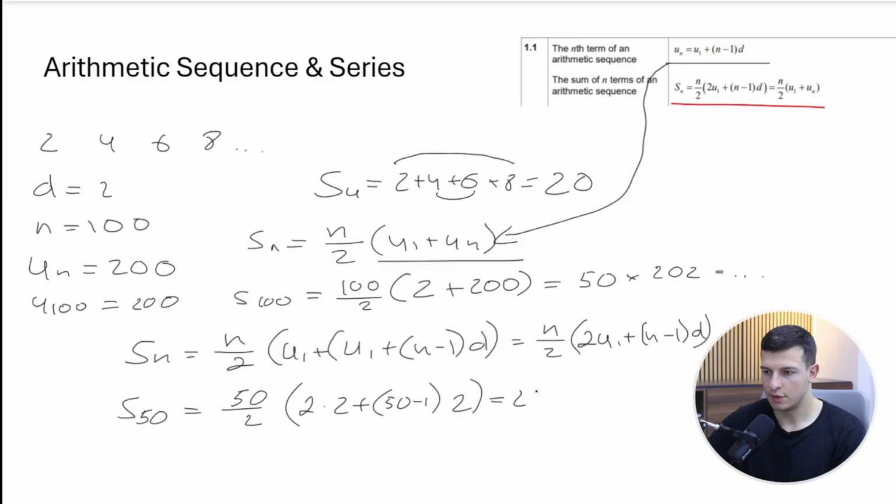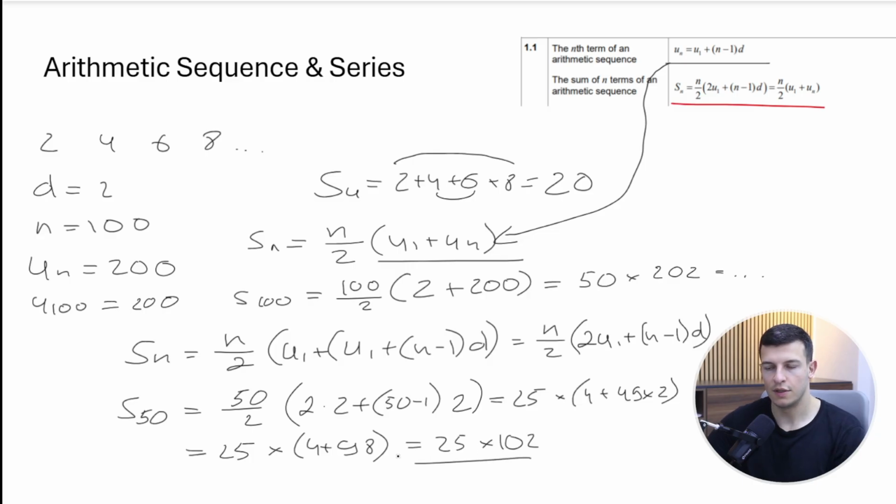That's going to be 25 times (4 plus 49 times 2), which is 25 times (4 plus 98), I believe. And that's going to be 25 times 102. So whatever the answer to that, that's going to be our S50.